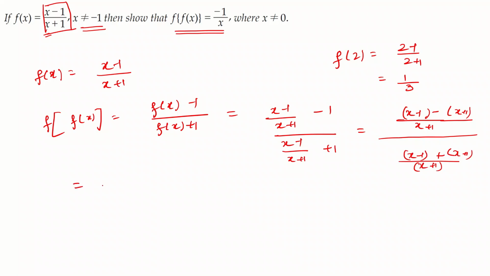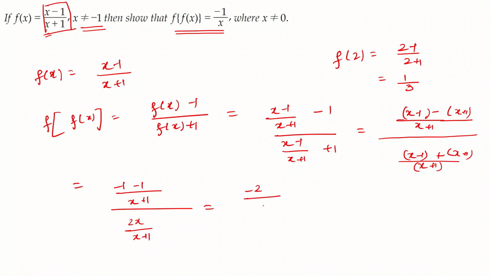Now on simplification, x and x get cancelled out, so we'll be having minus 2 divided by x plus 1, whole divided by, here x plus x will give you 2x, and minus 1 plus 1 will get cancelled out, so you'll be having this thing, right?